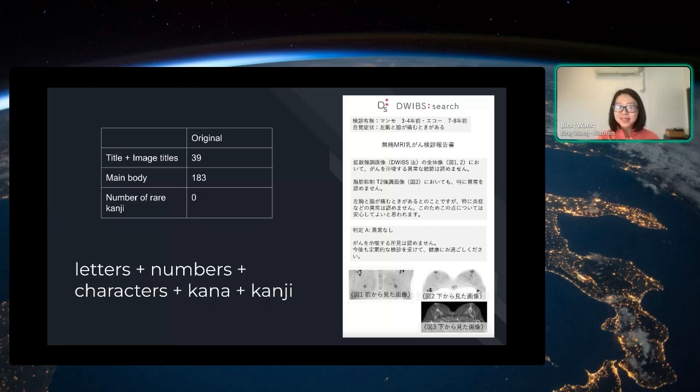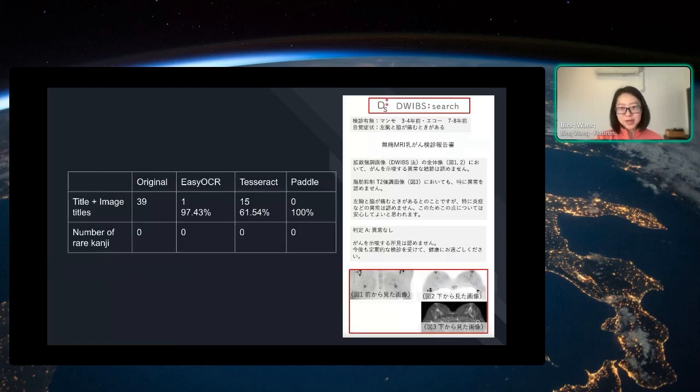Now the exciting part: let's take a look at how well these models do on the documents. For the first one, the title and image section, Easy OCR did a very decent job. Paddle got a 100% accuracy rate.